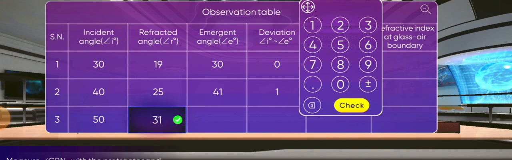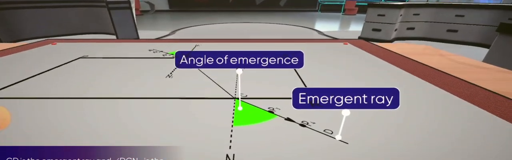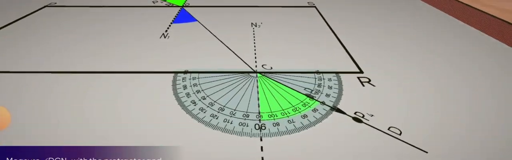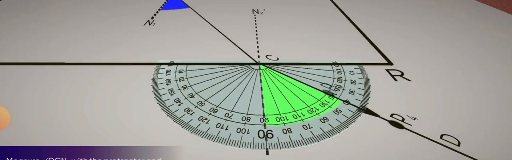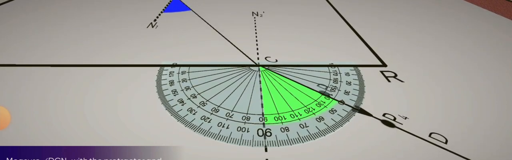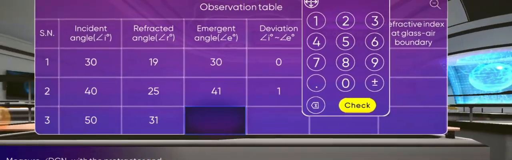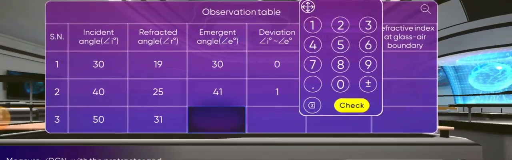It is correct. And angle of emergence is 10, 20, 30, 40, I guess 50 or 49.